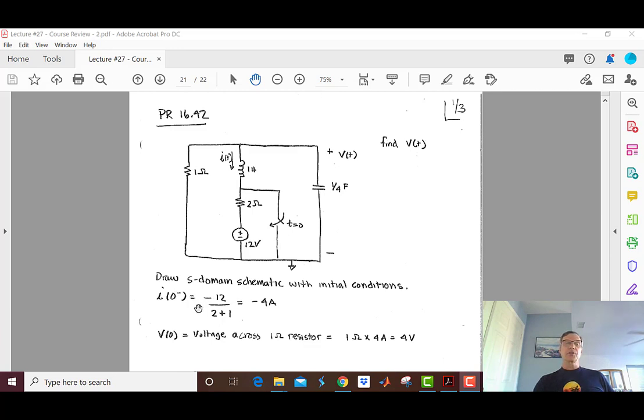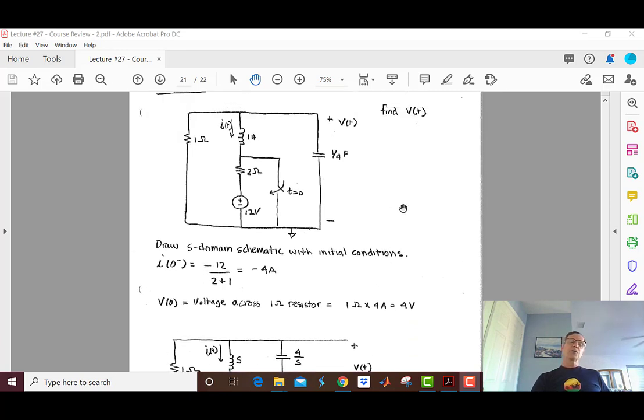Here are our initial conditions. We just calculated those. We got negative 4 amps in the inductor, and we have 4 volts across the capacitor. Notice I said voltage across the 1 ohm resistor, but that's the same voltage as across the capacitor.